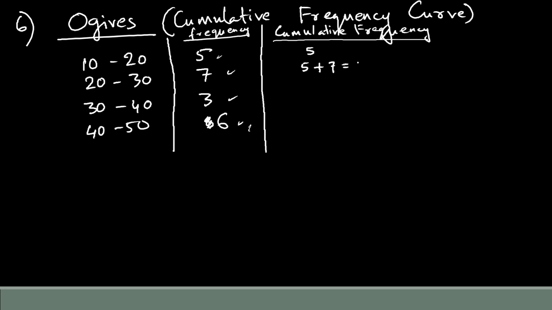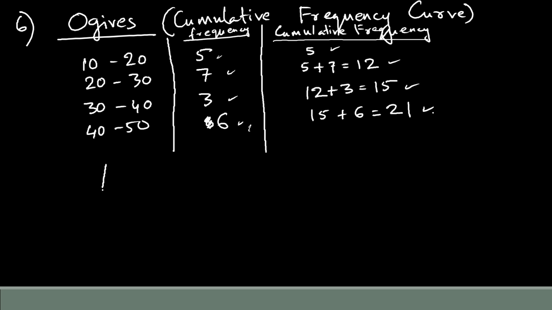So this will be 12. 30 to 40, 12 was already there, you have to add 3 more, that is 15. And 40 to 50, 15 was already there, now you have to add 6 more, that is 21. So now you got the cumulative frequency: 5, 12, 15, 21.